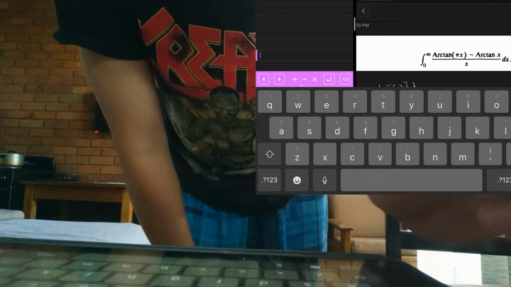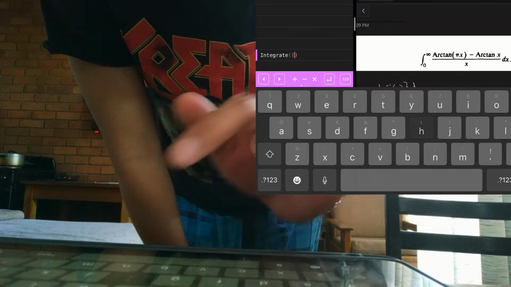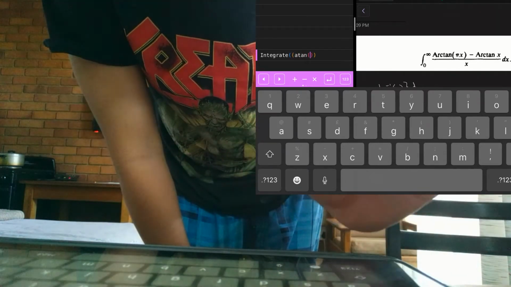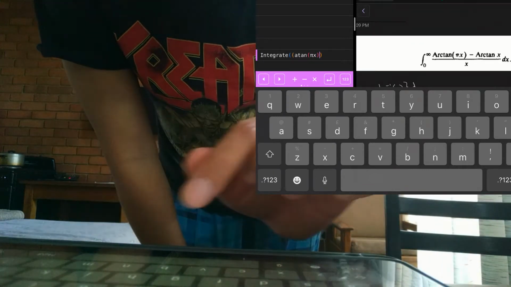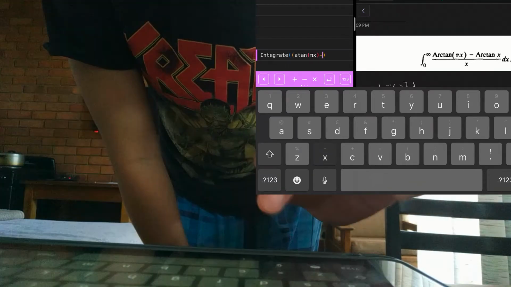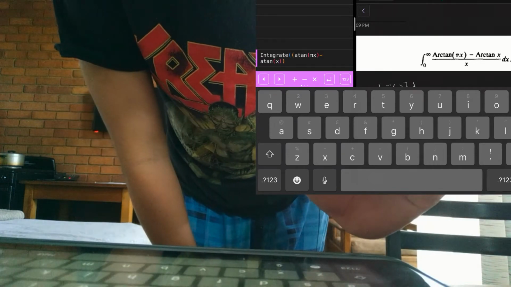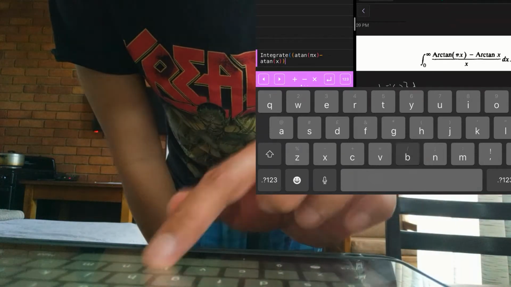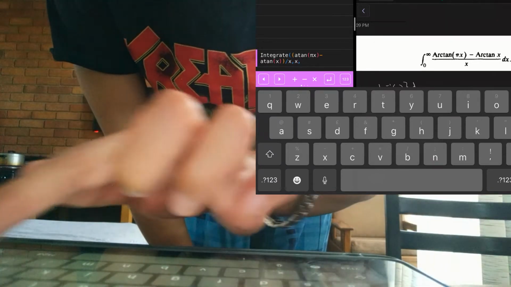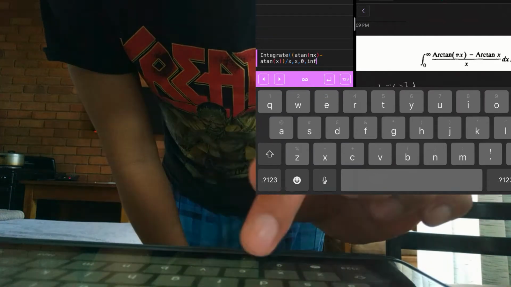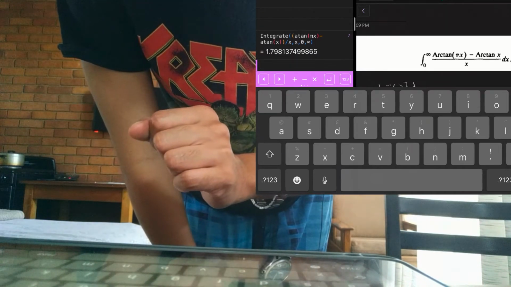Let us integrate arctan of πx minus arctan of x, the whole thing divided by x, evaluated from x equals 0 to infinity, and close the parenthesis. Let's enter. And that doesn't help us.